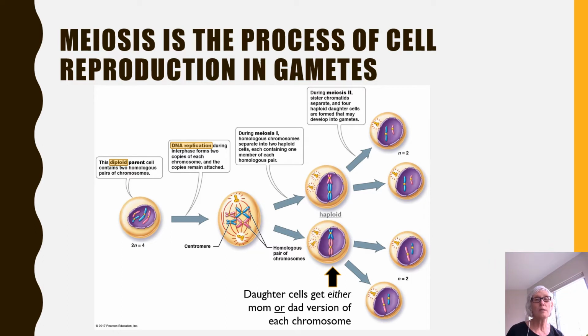So those cells are termed haploid. Diploid is when you have both a mom copy and a dad copy of each chromosome. Haploid is where you have either a mom copy or a dad copy of each of the chromosomes. The cells then will undergo a second division.